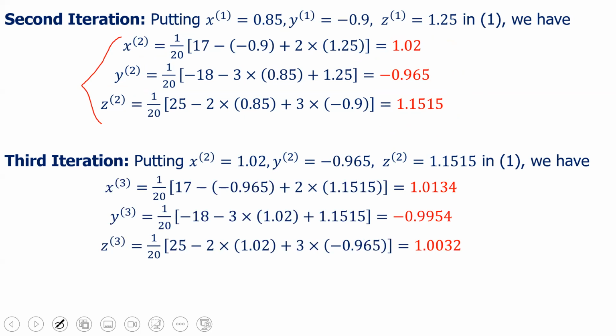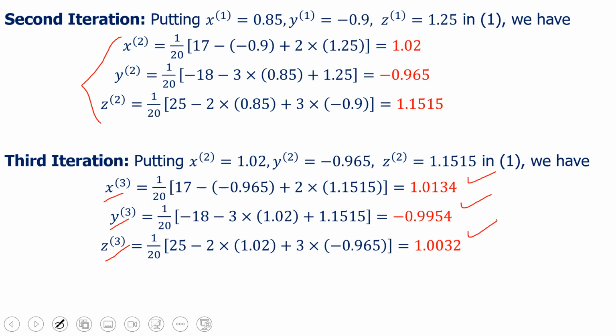We have other values of x, y, and z in the third iteration. The third value of x is 1.0134, the third value of y is minus 0.9954, and the value of z is 1.0032. So this is the third iteration.